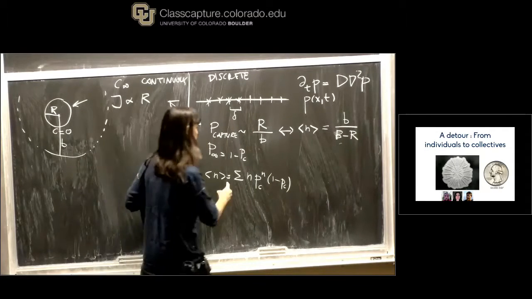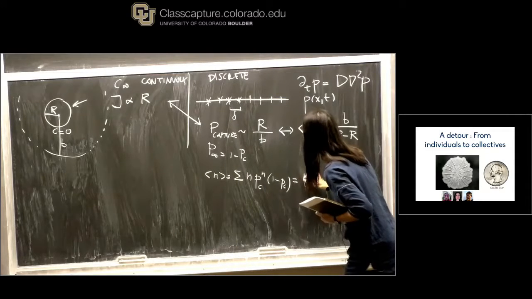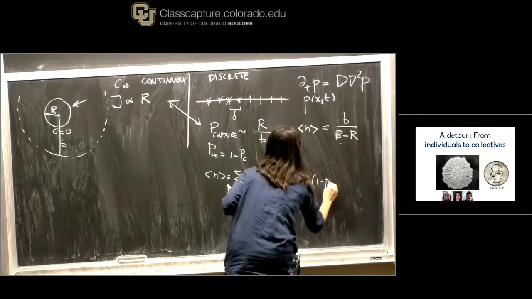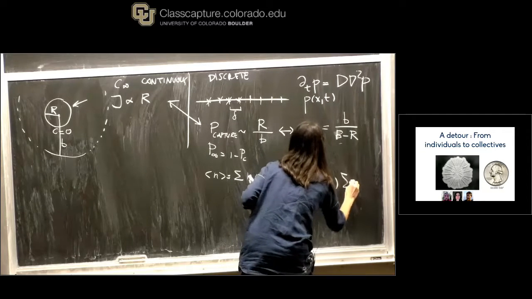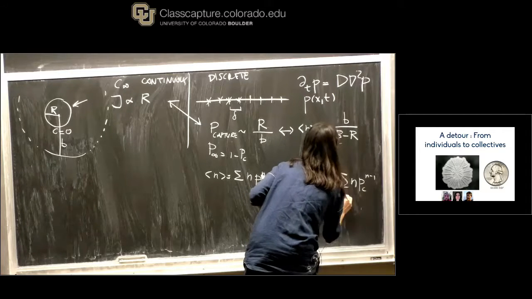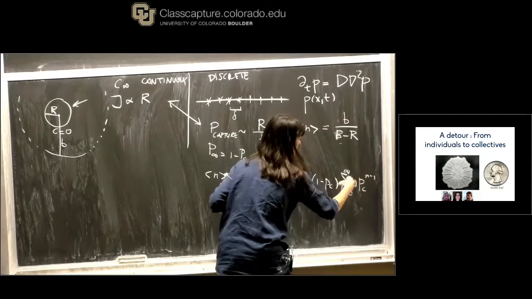And so if you expand that, you take P_C and 1 minus P_C outside of the sum, and this remains like this. For n equals 0, this is 0, so it doesn't matter.